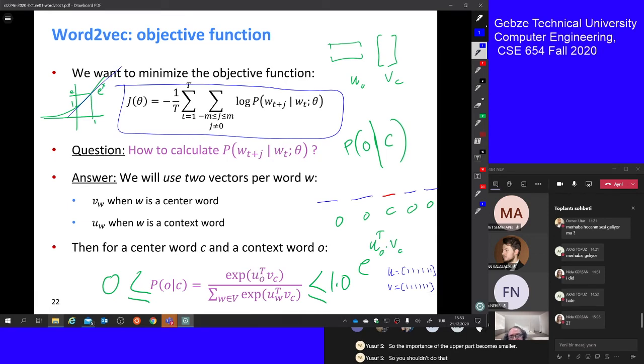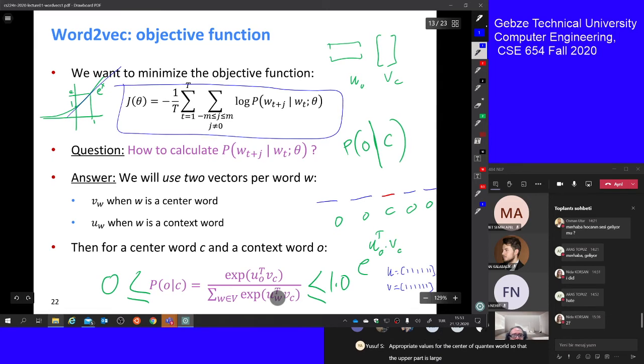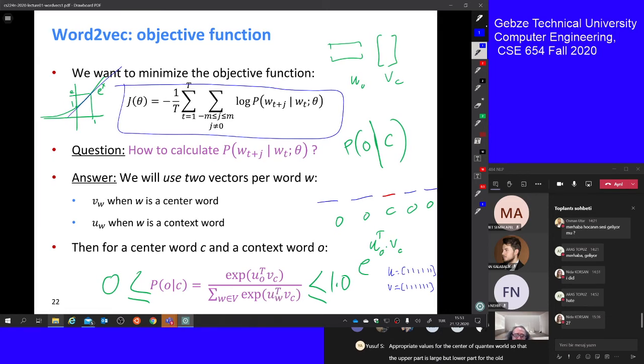You should only assign appropriate values for the center and context word so that the upper part is large, but the lower part for all the other vectors should be small so that this product is high. That's going to maximize it, so the minimum is a smaller value. Okay, so that's the idea.